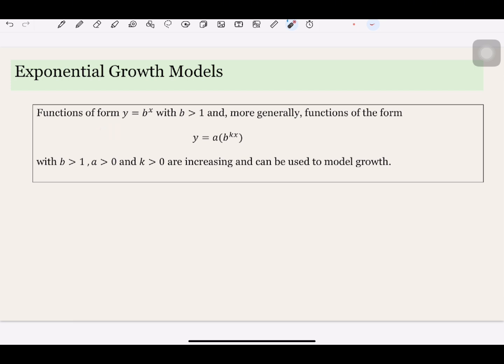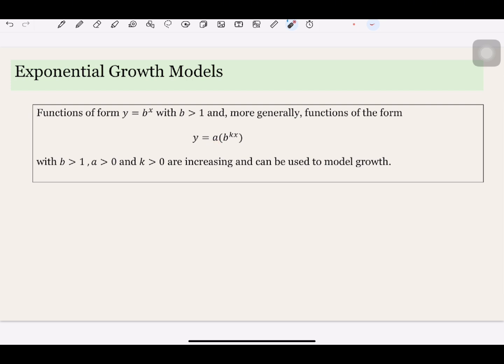More generally, we can write y equals a multiplied by b to the power kx, where b is greater than 1, which means the base is greater than 1. This controls the growth rate, and the coefficient a should also be greater than 1.